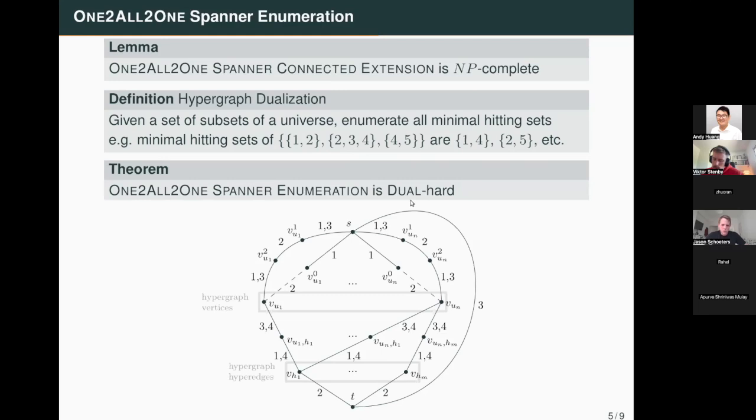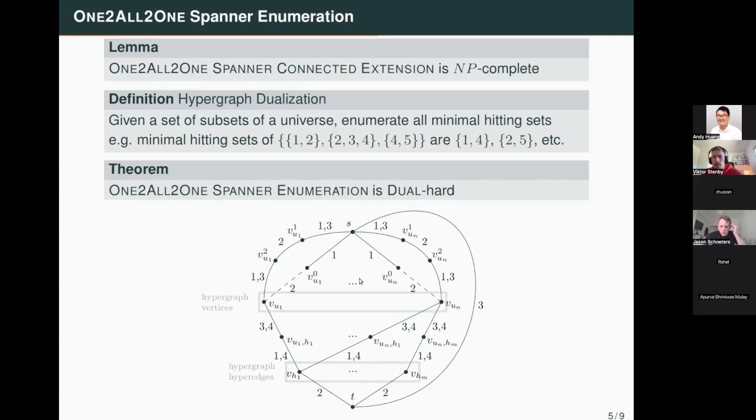So we use this problem and we reduce it to our problem by basically putting the hypergraph vertices or the elements of the universe as vertices, and then the hyperedges or the subsets as vertices as well, and then we connect them if the elements are in the subsets, and we use some other fancy connections with some very particular times.